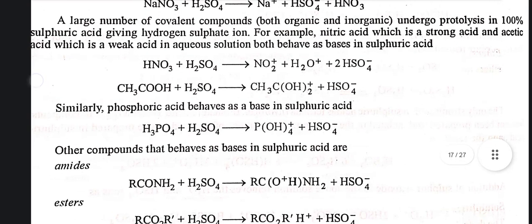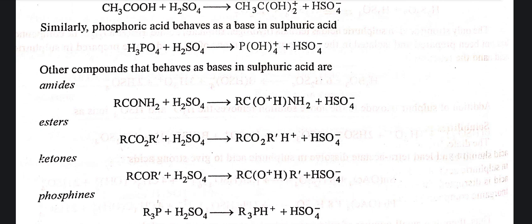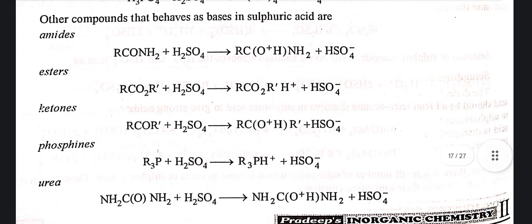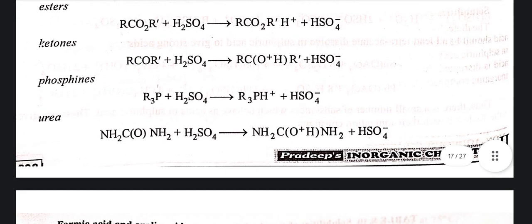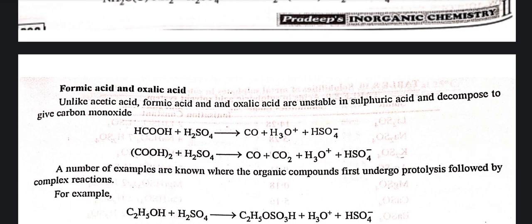Other compounds that behave as bases in sulfuric acid are amides, esters, ketones, phosphines, urea, formic acid, and oxalic acid. Unlike acetic acid, formic acid and oxalic acid are unstable in sulfuric acid and decompose to give carbon monoxide.